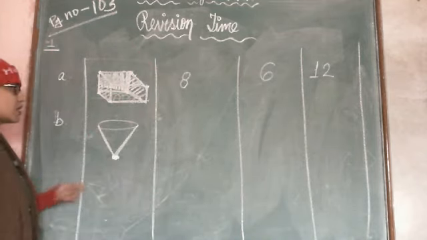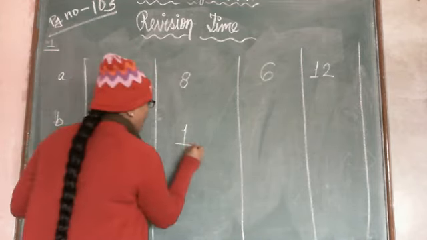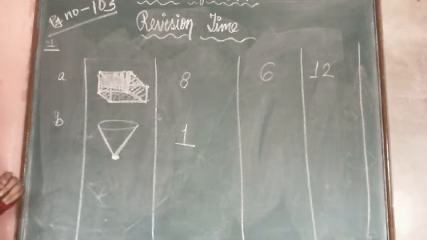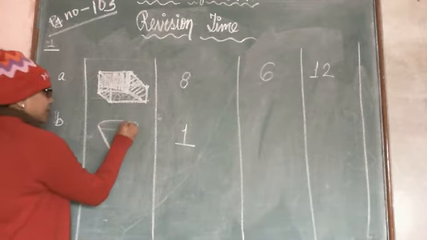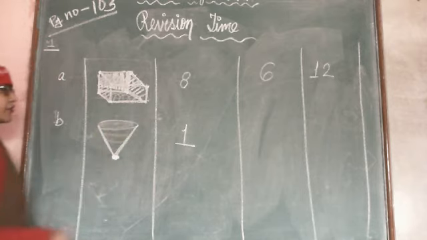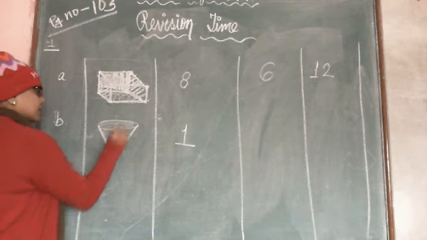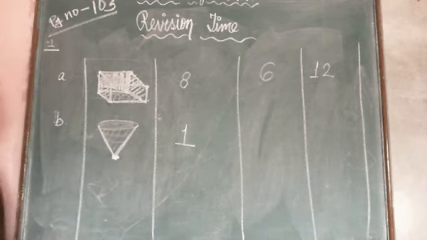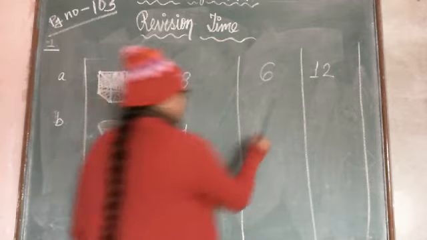So the cone is having only one vertex. Now the next one is number of faces. See, this base and this circular, this flat face and this circular face. There are only two faces in a cone.